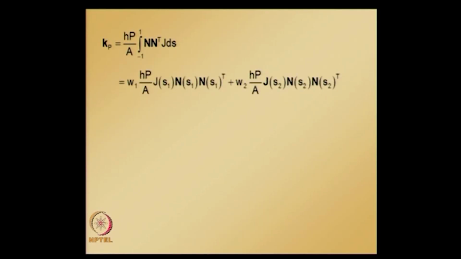And now the second integral, which is Kp, this can also be evaluated using 2 integration points. The details are given here, weight times integrand value at integration point 1 plus weight at the second integration point multiplied by integrand value at the second integration point.